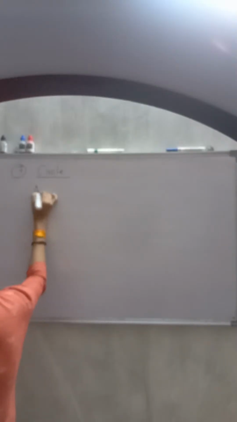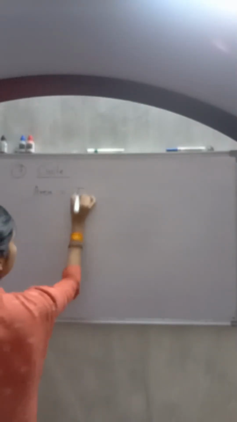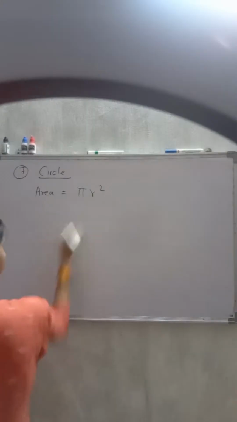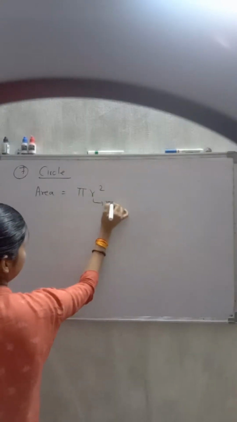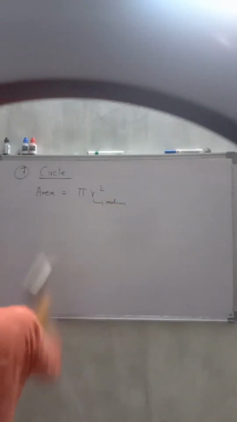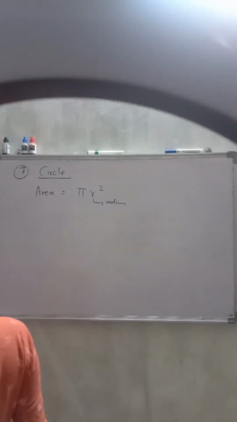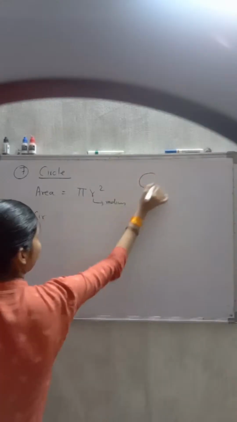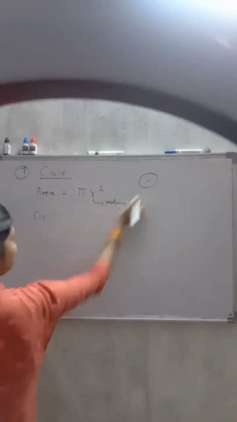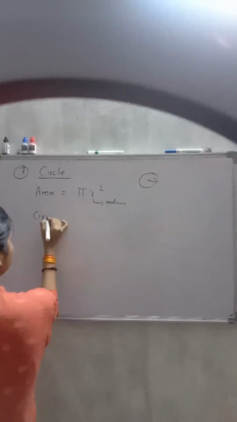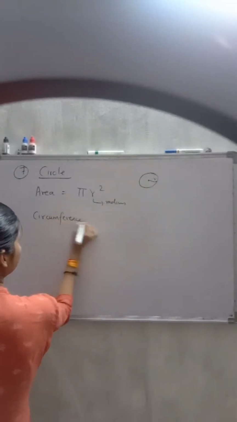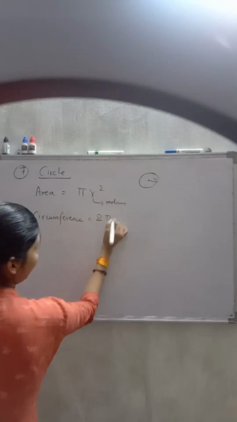So area of circle is pi r square. R is the radius. R क्या होता है? Radius. So area is pi r square. Now circumference of circle. Circumference of circle is 2 pi r.